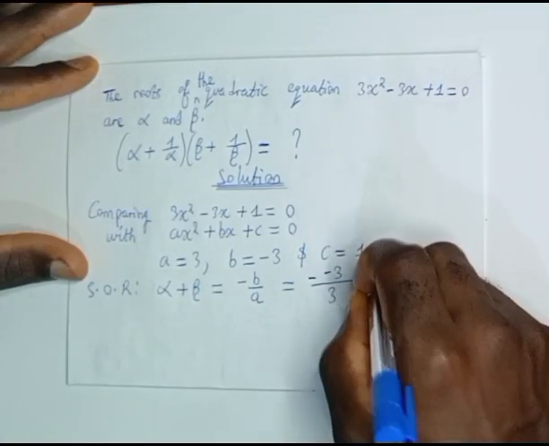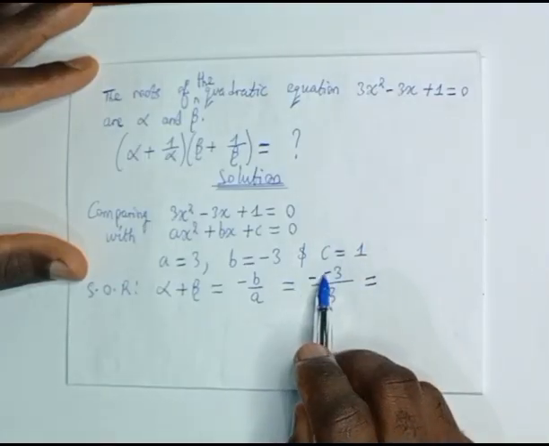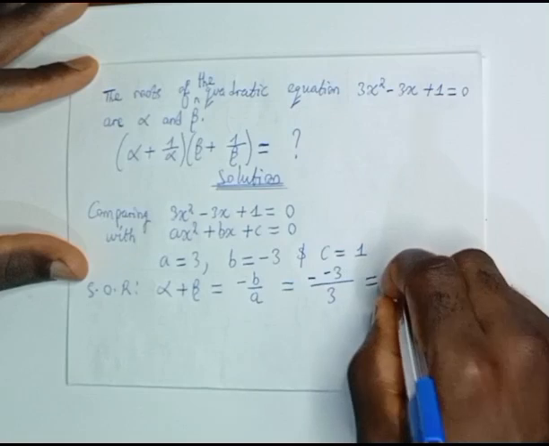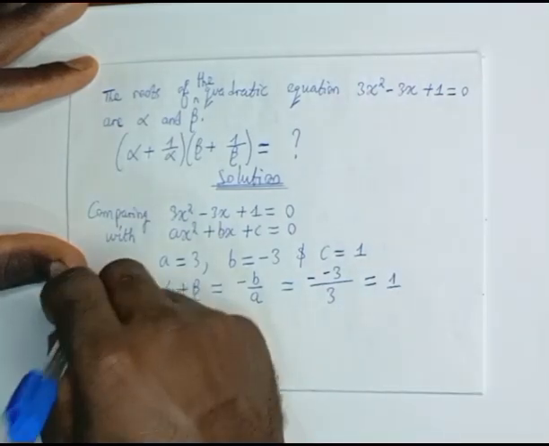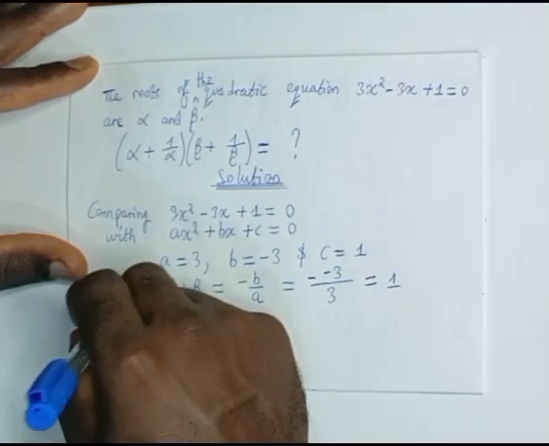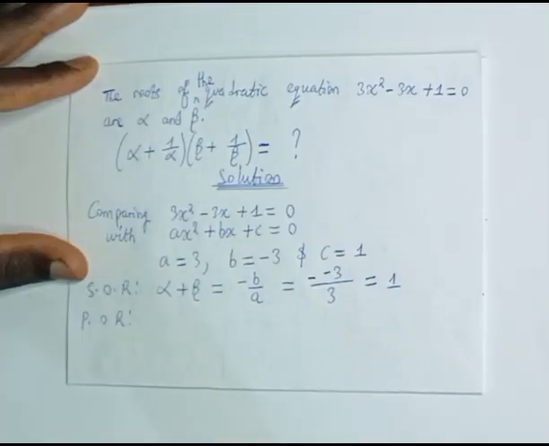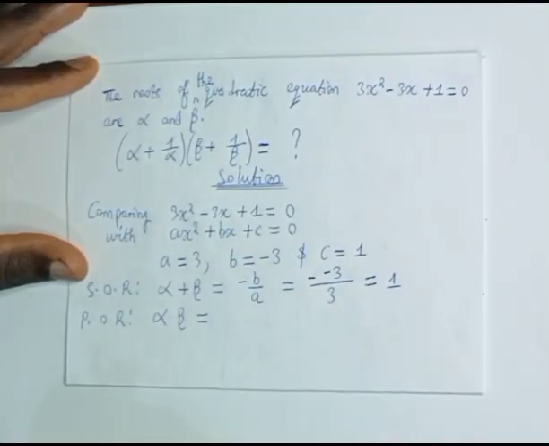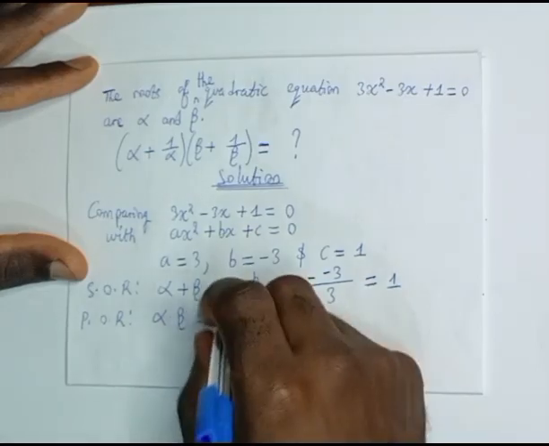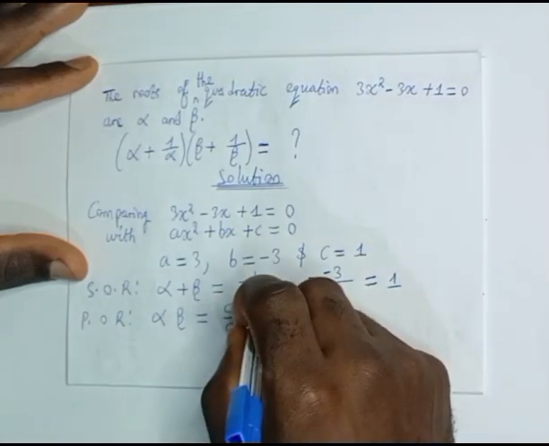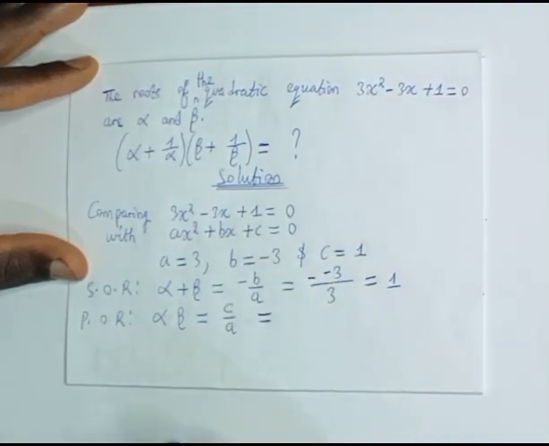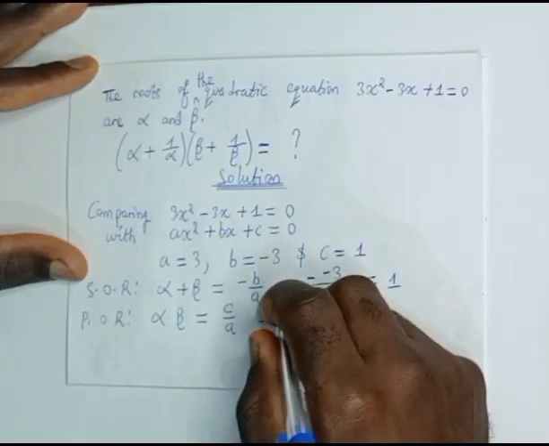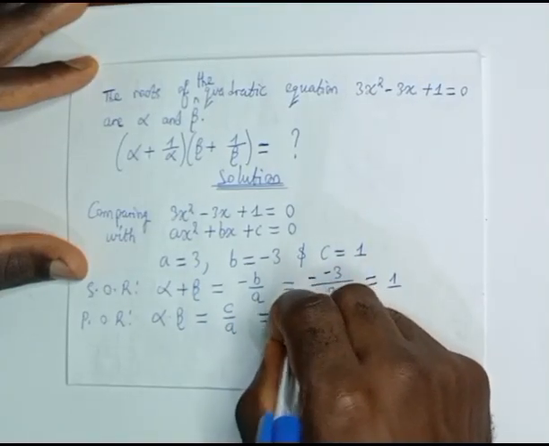Negative becomes positive, and this gives us 3 divided by 3, which is 1. Next, we need the product of roots, that is alpha times beta. The product of roots is simply equal to c over a, with c equal to 1 and a equal to 3. This gives us 1/3.